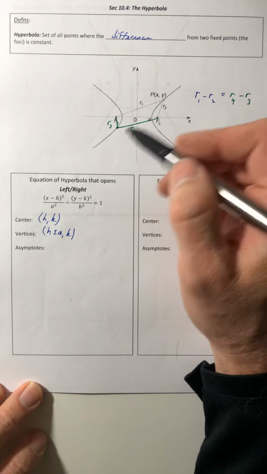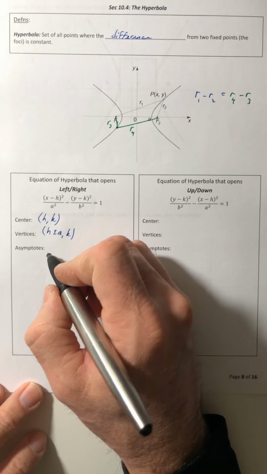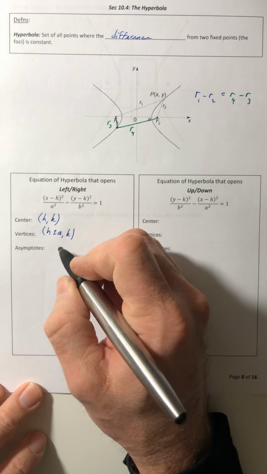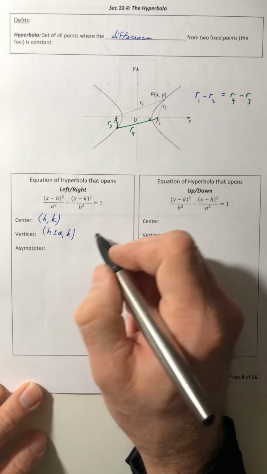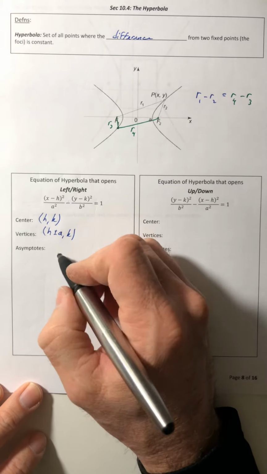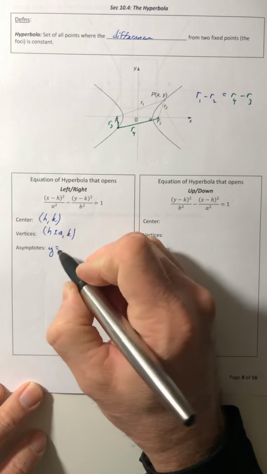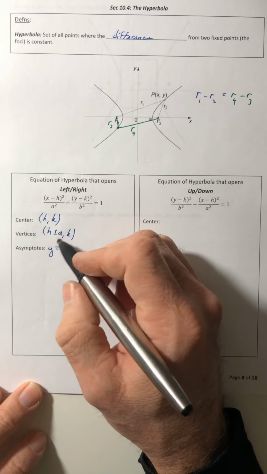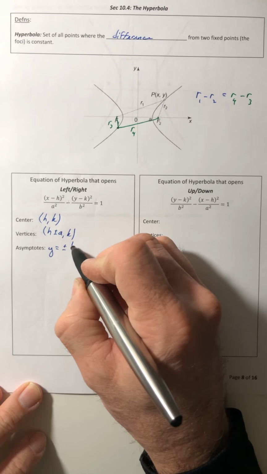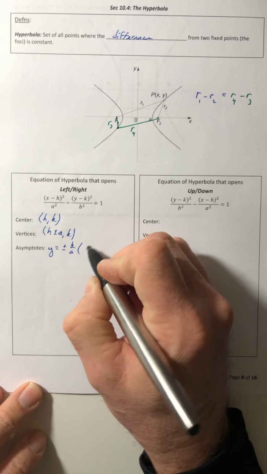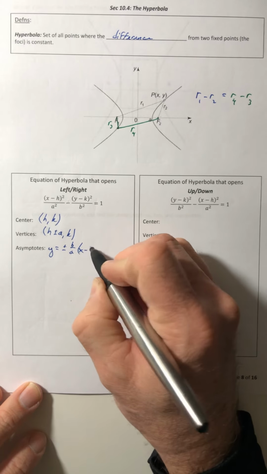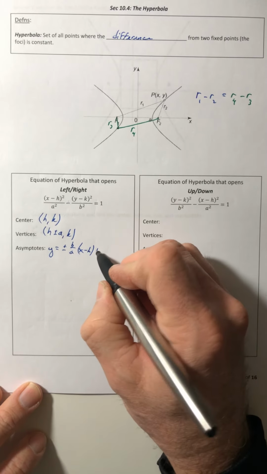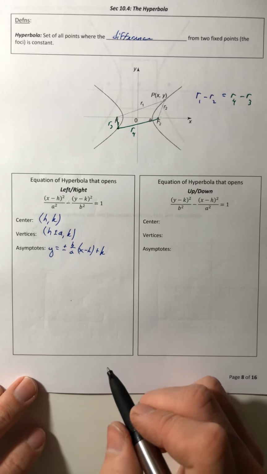But a hyperbola has asymptotes, and they're not vertical and not horizontal. They're slanted. The asymptotes are found using the equation y equals plus or minus b over a times x minus h, plus k.